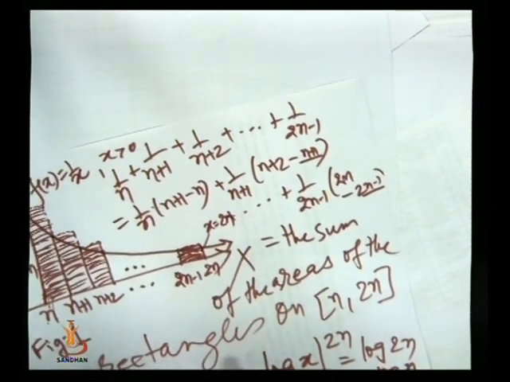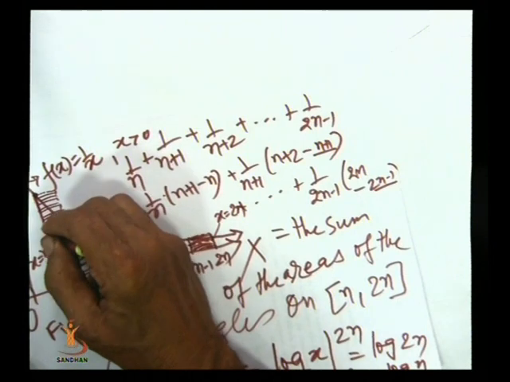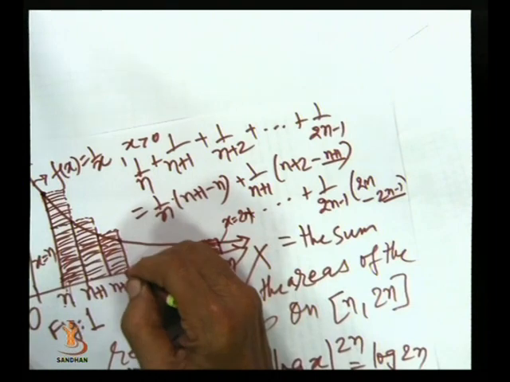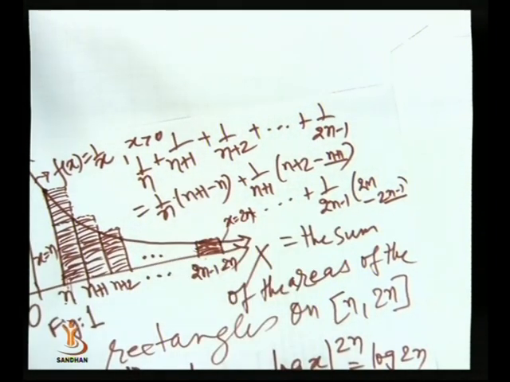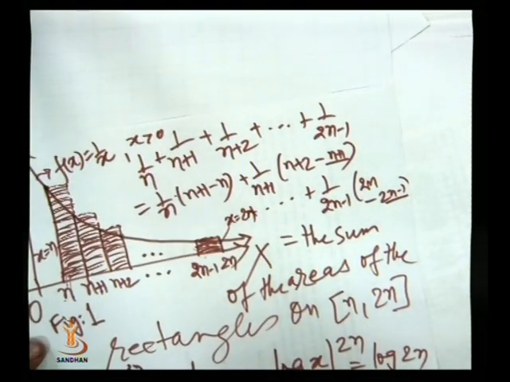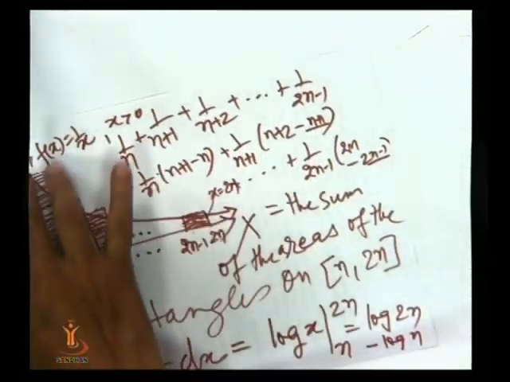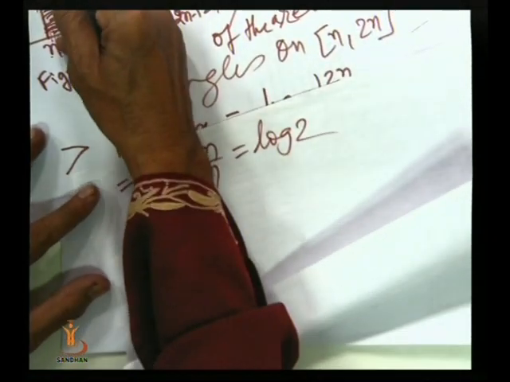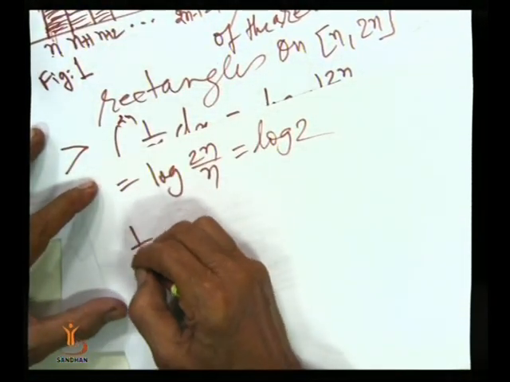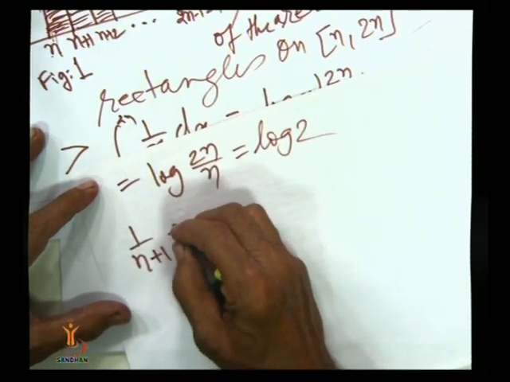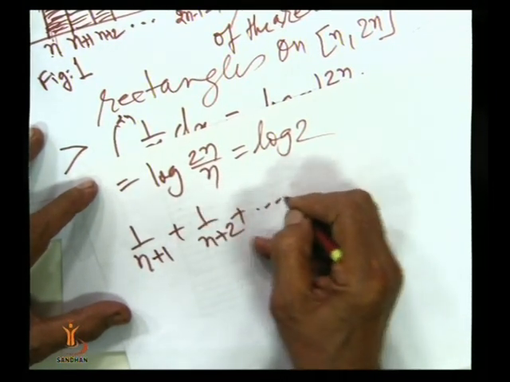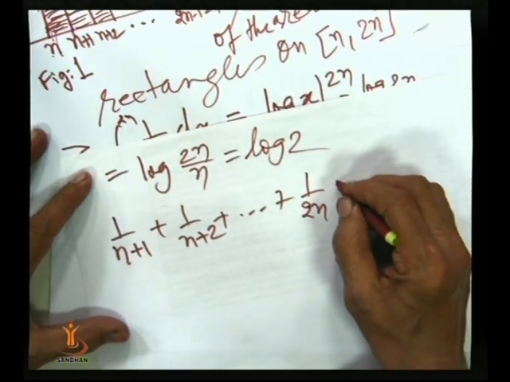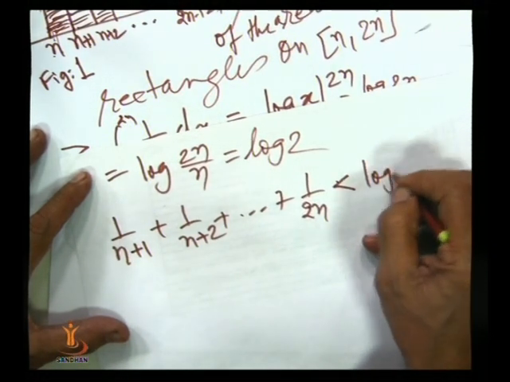And instead of that, if I consider these other rectangles, then their sum will be less than this area, and in that case 1 upon n plus 1, 1 upon n plus 2, and so on up to 1 upon 2n will be less than log 2.